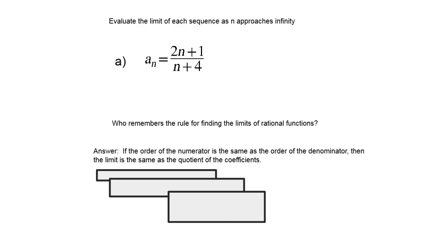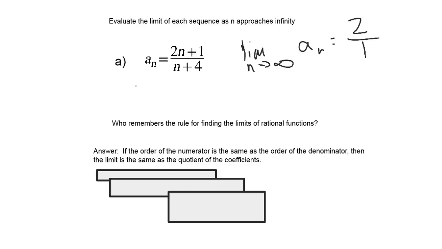So if the order of the numerator is the same as the order of the denominator, then the limit is the same as the quotient of the coefficients, meaning the limit as n approaches infinity of a sub n would equal the coefficient of n in the numerator, and the coefficient of n is 2, over the coefficient of n in the denominator, and the coefficient in front of that is 1.